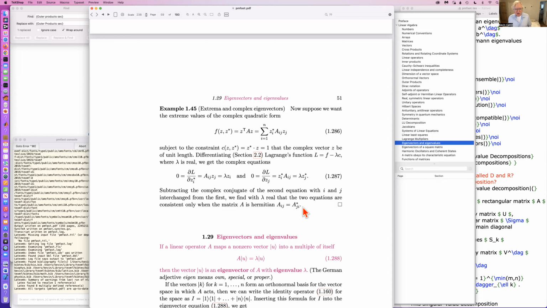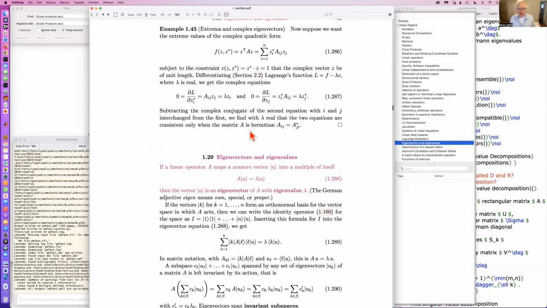And so it's only Hermitian matrices that have real extremal values of this complex form. So this in fact contains the essence, and in a sense more than the essence, of the section on Hermitian matrices.